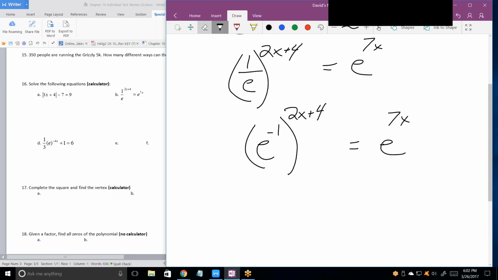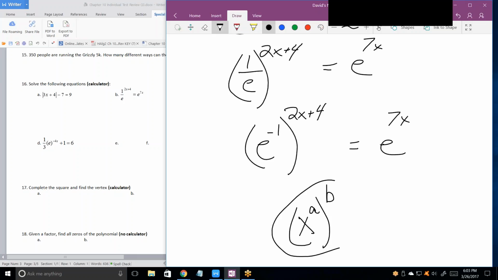In other words, what is x raised to the a power all raised to the b power? How do you handle double exponentiation? What do you do with the exponents? You multiply them. All right, good. That's what I was looking for. Multiply the exponents, what do I come up with?